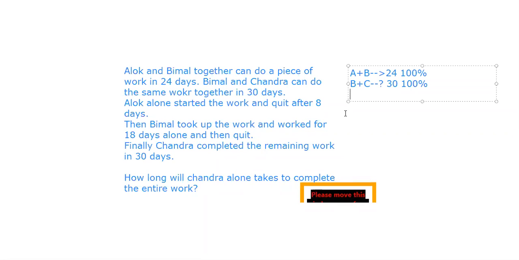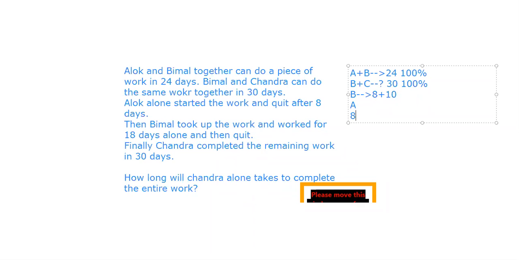So now, what is given in the question? Alok started the work alone and quit after 8 days. And Bimal worked for 18 days. Now what I'm going to do is split Bimal's 18 days as 8 plus 10, because Alok has worked for 8 days.